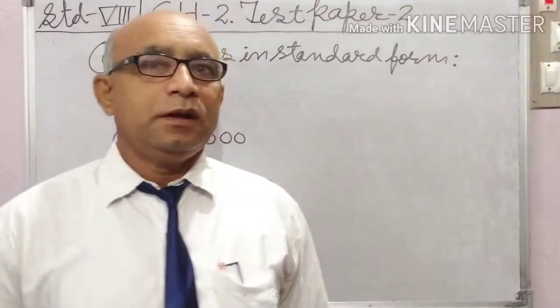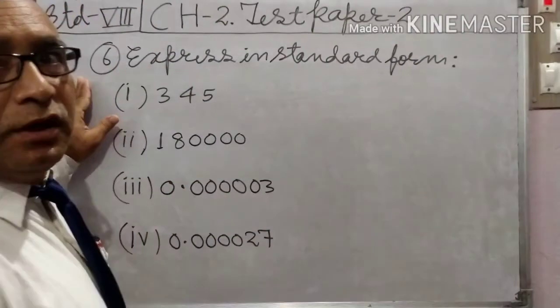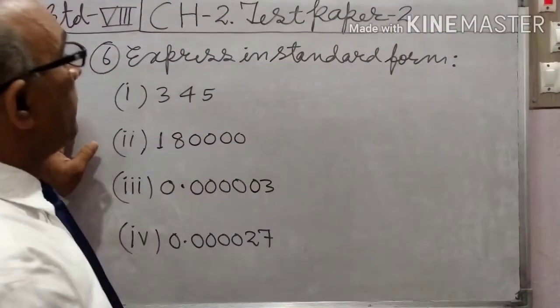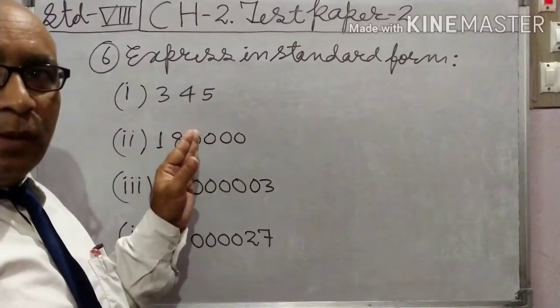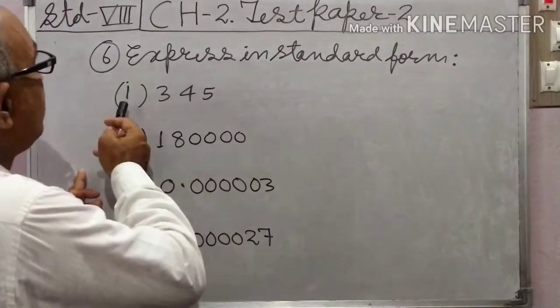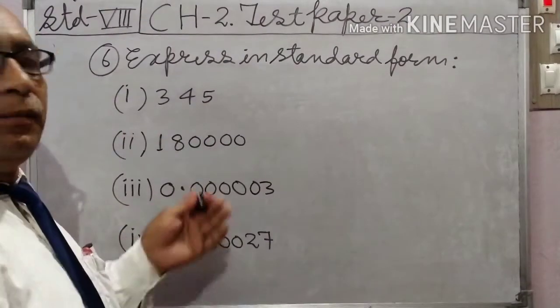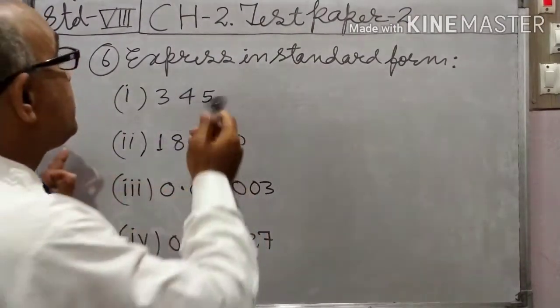Writing. Students, next question is question number 6. Express each of the following in a standard form. First, 345. 345 is in usual form, change it into a standard form.